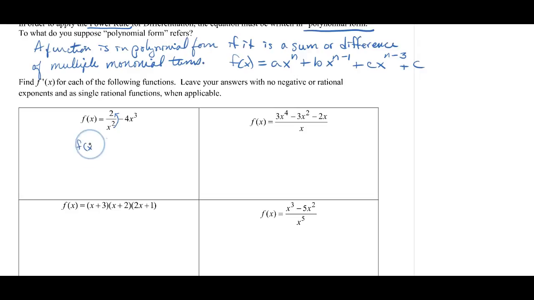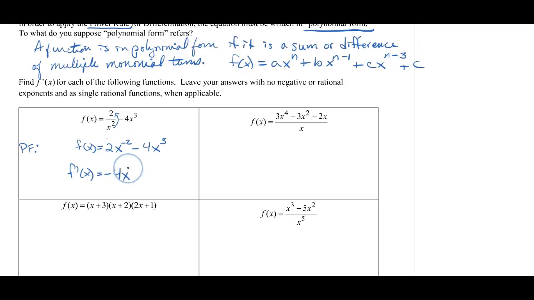So I would start by rewriting this. We're still just writing the function. This becomes 2x to the negative 2 minus 4x cubed. Now I'm in polynomial form. We can take the derivative, f prime of x equals 2 times negative 2 is negative 4.